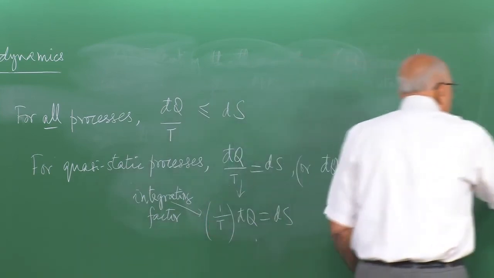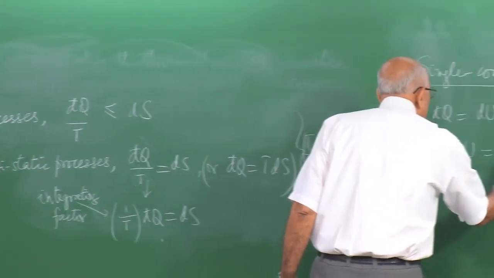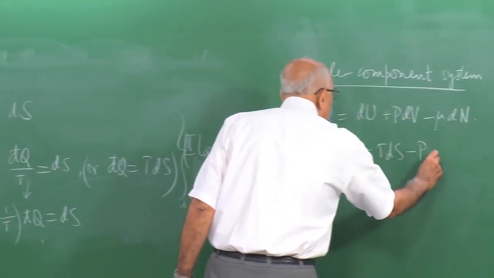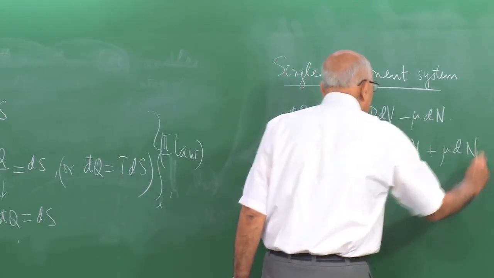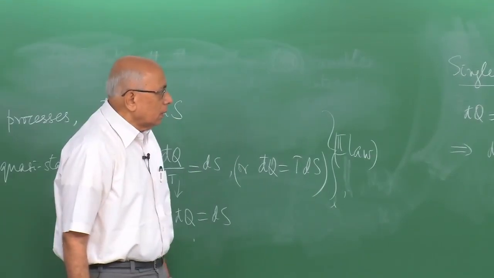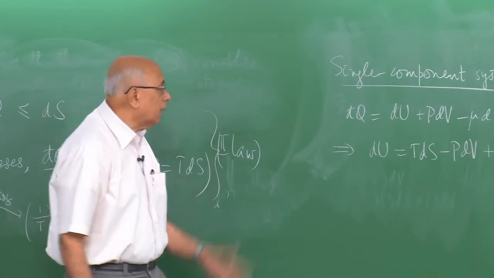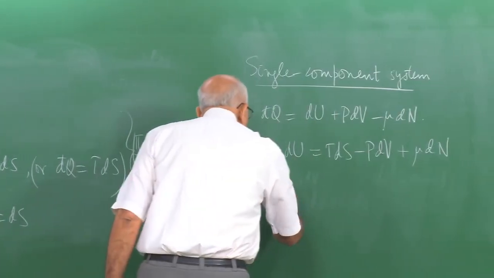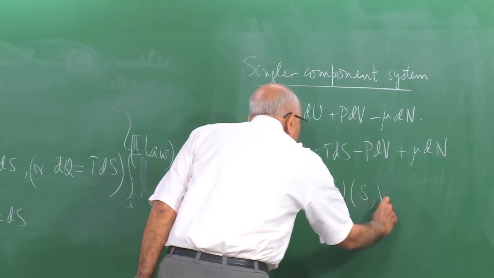This implies that dU is TdS minus PdV plus mu dN. Because I write this as TdS, you see immediately that this implies that U, as promised, is a function of these state variables.